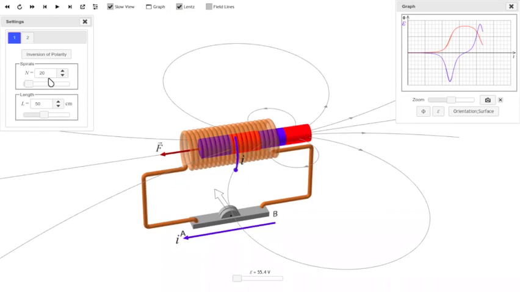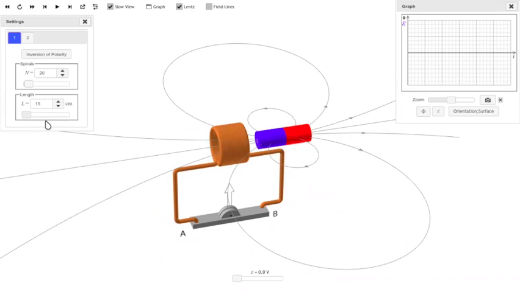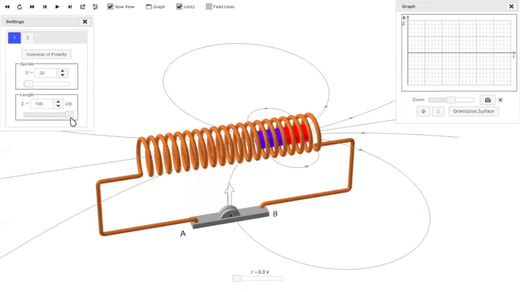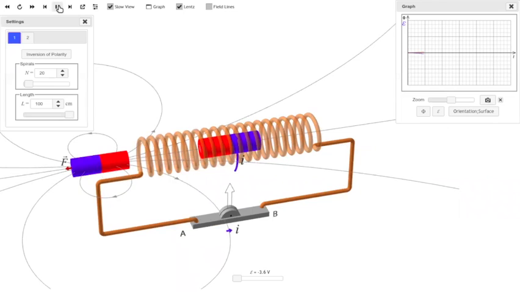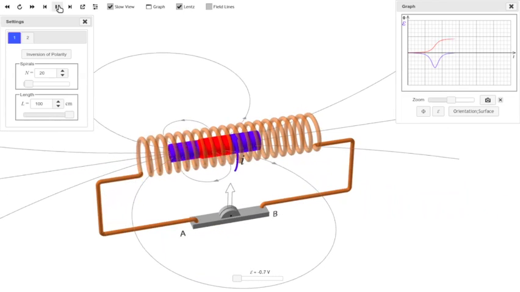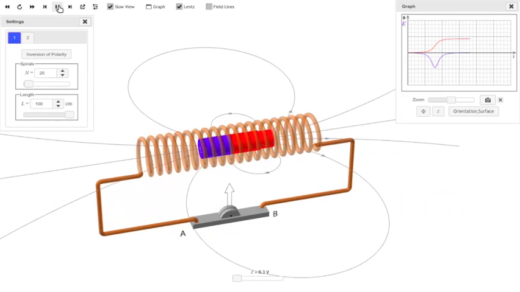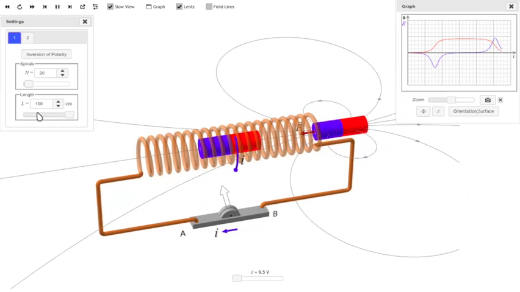Number of loops or spirals, length of this coil, which means area, right? Is there any effect of this or not? Now you can see. So if I increase the length, what happened? Voltage reduced, isn't it? Yes, sir.